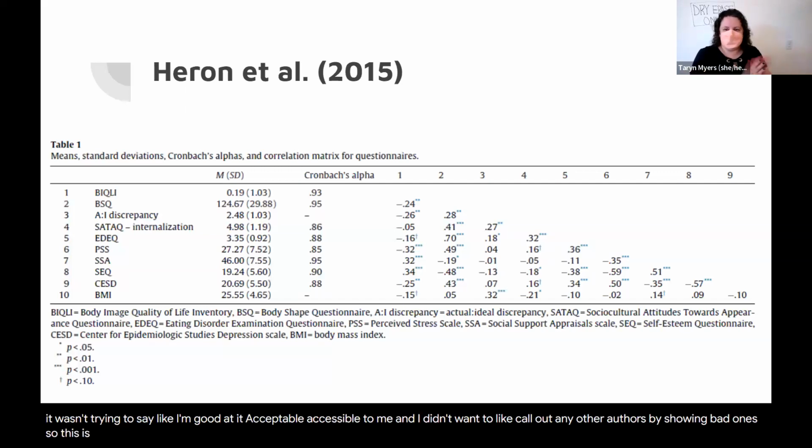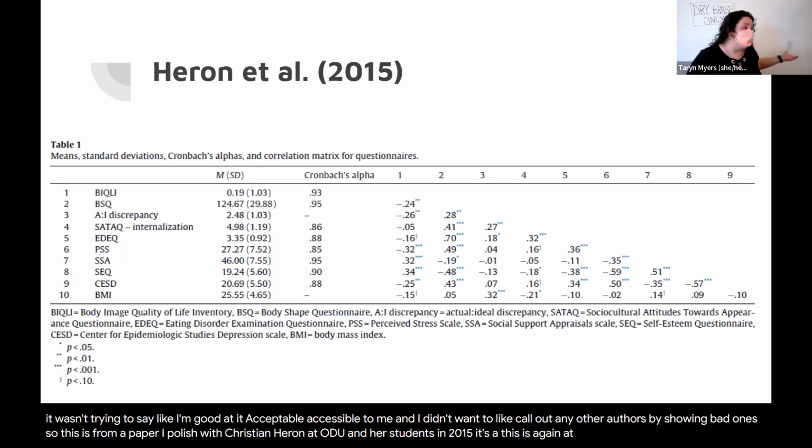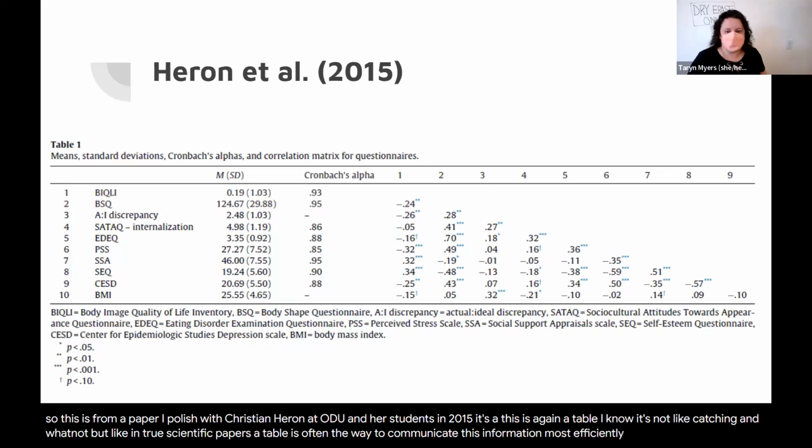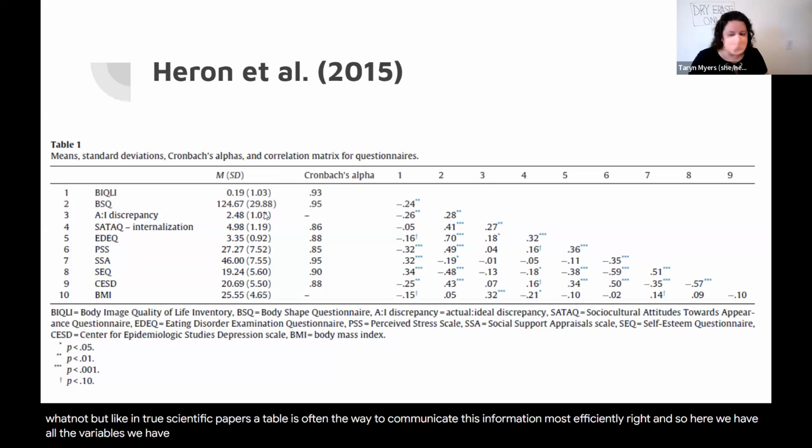So this is from a paper I published with Kristen Heron at ODU and her students in 2015. This is again a table. I know it's not eye-catching, but in true scientific papers, a table is often the way to communicate this information most efficiently, right? And so here we have all the variables. We have the means and standard deviations of those variables.